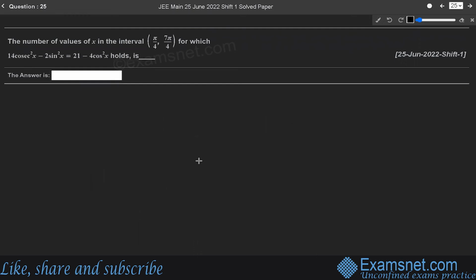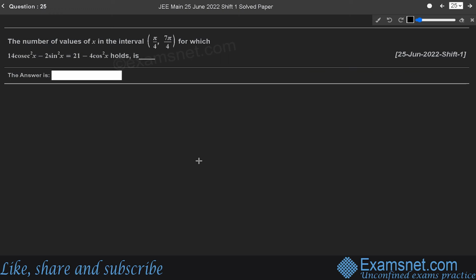Next question is also a very important question. This kind of question always comes in the exam. The number of values of x in the interval pi by 4 and 7 pi by 4 for which 14 cosec square x minus 2 sin square x is equals to 21 minus 4 cos square x holds is.